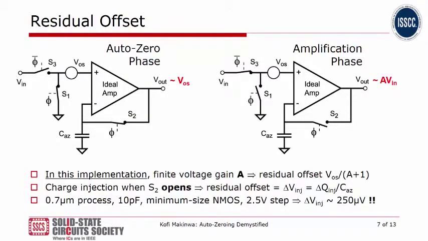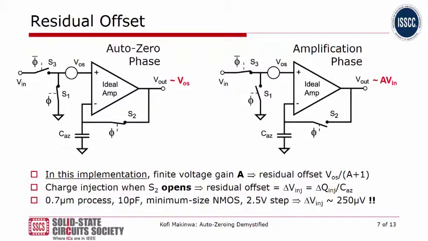First of all, there are a number of sources of residual offset. So you want to cancel offset, but there'll be some remainder. And in this particular implementation, one source of residual offset could be the fact that a practical amplifier will not have infinite gain. A practical amplifier would have a finite DC gain, and as a result, its gain during the auto-zero phase is not exactly 1, it's a bit less.